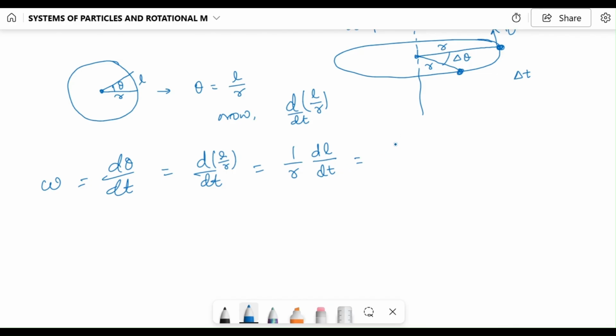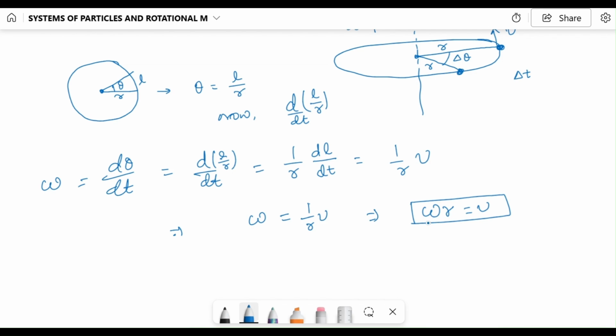Then we can write 1 by R, and we know dL by dt is the linear instantaneous velocity. So finally we can write omega equals 1 by R into v, and we can write omega times R equals v.